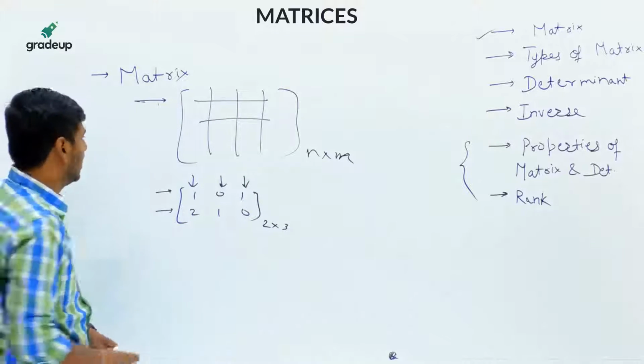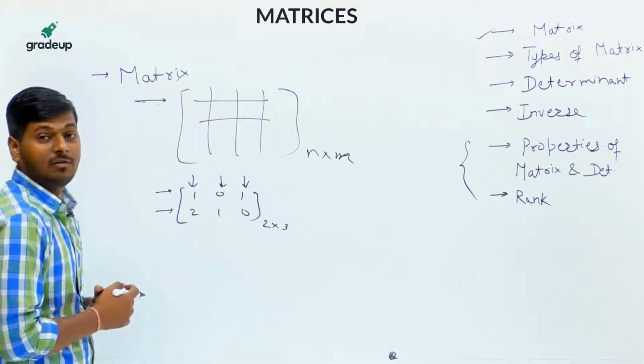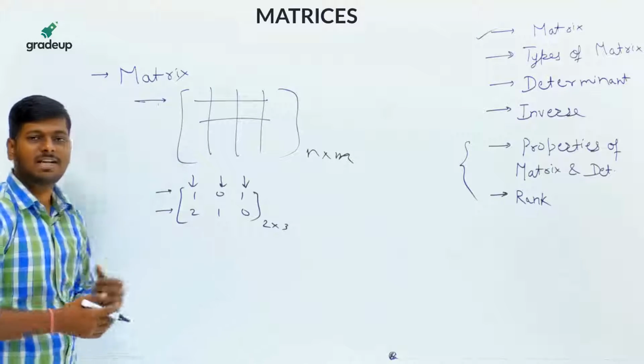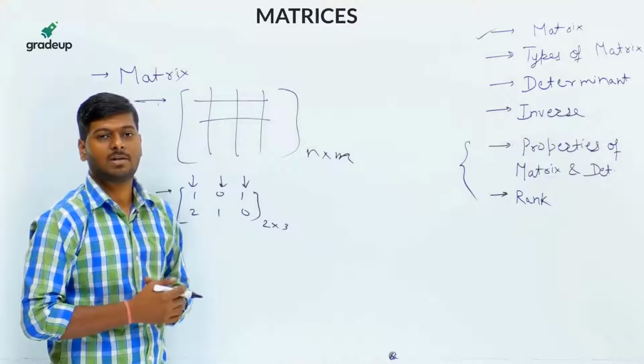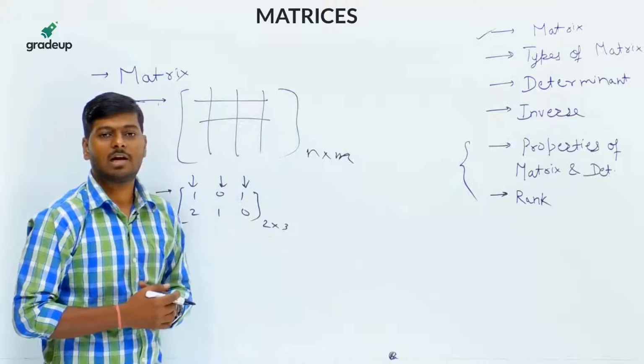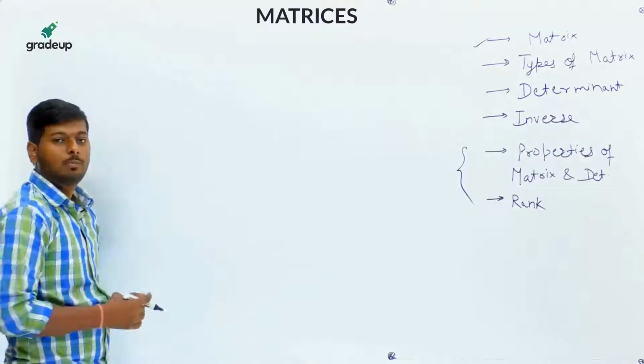Okay, so now we will see what are the different applications of matrix. In each and every engineering discipline we have the application of matrix. Suppose from an electrical or electronics point of view, we will see 2-port networks. So what are the different 2-port networks?